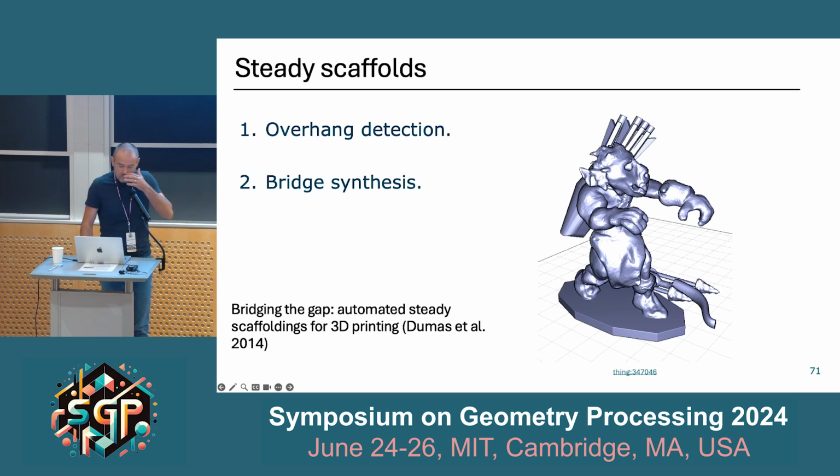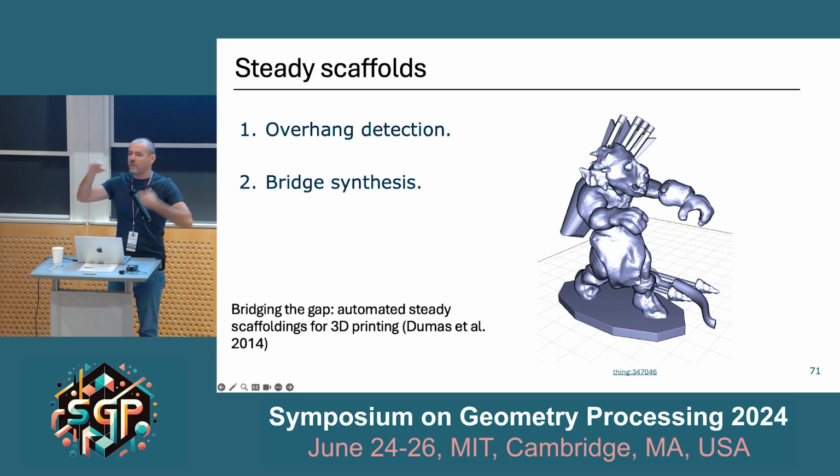In more recent approaches, you may create some scaffolds instead of supports that exploit the fact that the material you are using has sufficient tension to create actual filaments that go from one support to another.